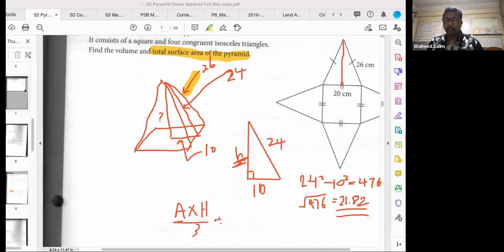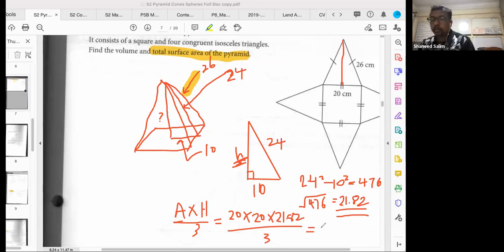So base area, don't forget, 20 times 20. Don't just put 20. 20 times 20, times height 21.82, divided by 3. What do you get? 2908.98. Maybe 2909. Roughly 2909.